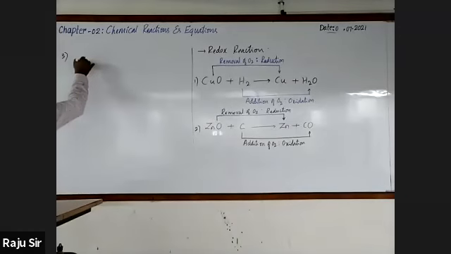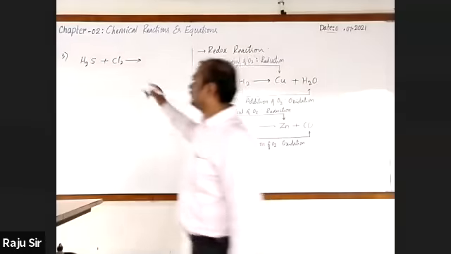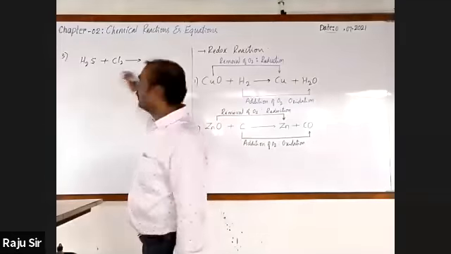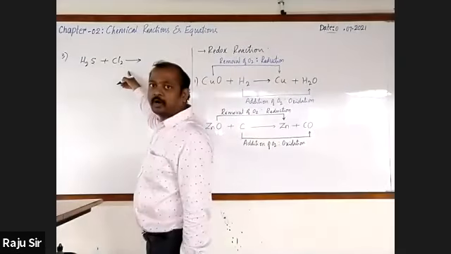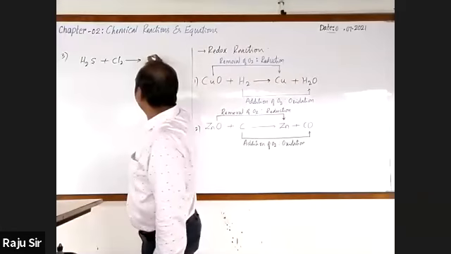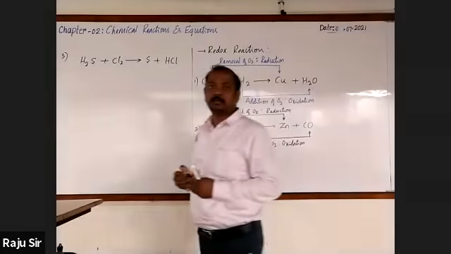When hydrogen sulfide reacts with chlorine. Over, sir? Sir, you have given. Okay, once I'll write that for explanation. Here, hydrogen sulfide reacts with chlorine to form sulfur and hydrogen chloride.